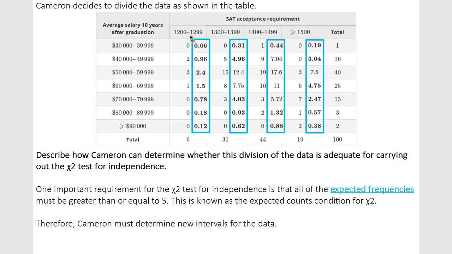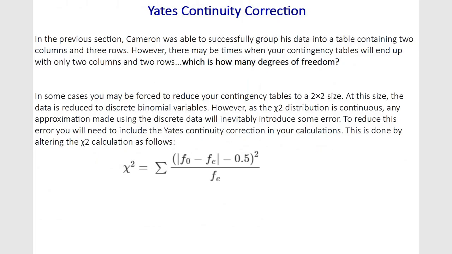It doesn't matter if my actual data is less than 5. So these 0s, 2, 3, 1, those numbers don't matter. It's my expected frequencies. Cameron was eventually able to make it into 2 columns and 3 rows, which is great. However, you may end up with only 2 columns and 2 rows, which is how many degrees of freedom?